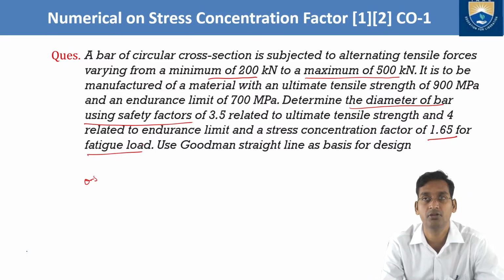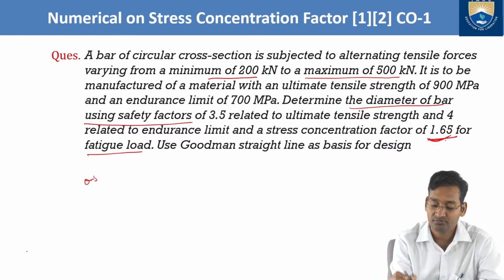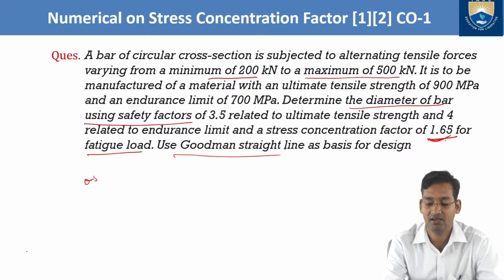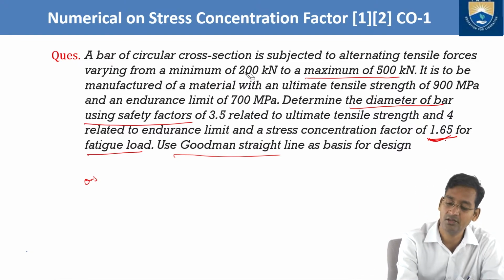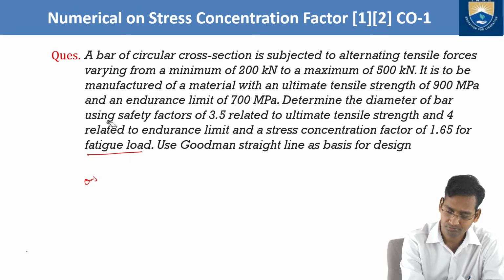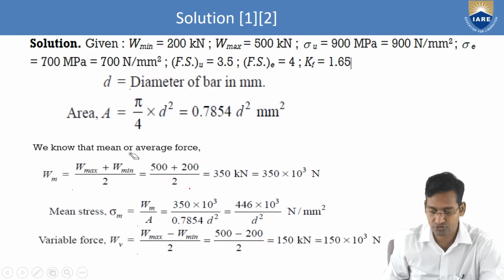Now just see here, this is given. In the previous question, we haven't seen this one. So now the stress concentration factor is there. Use the Goodman straight line as basis for design. So again we have to use the Goodman relation to solve this question, and then we will use these given values to solve.